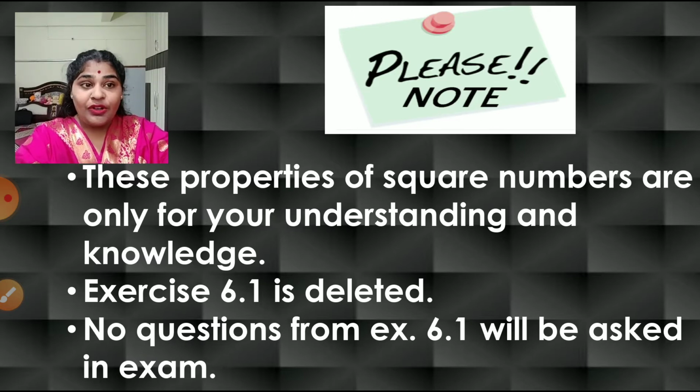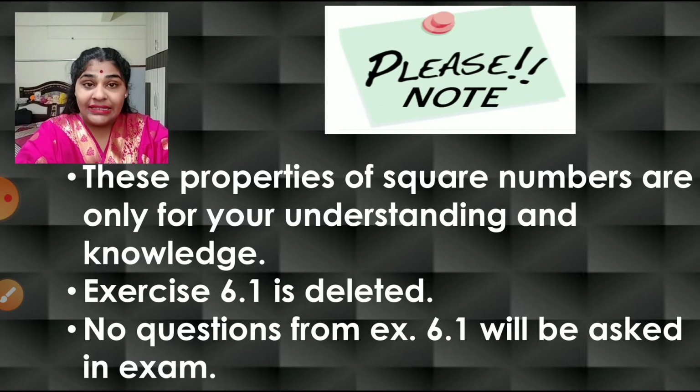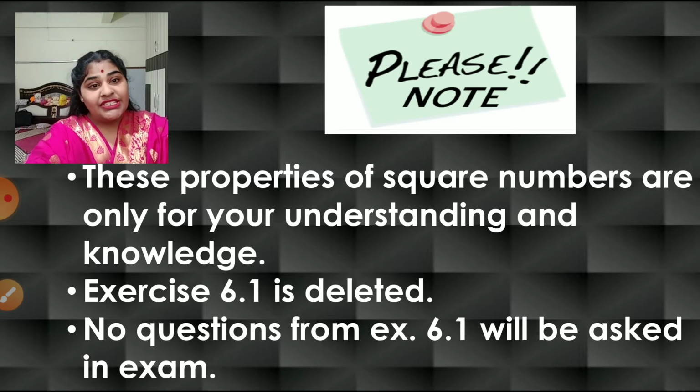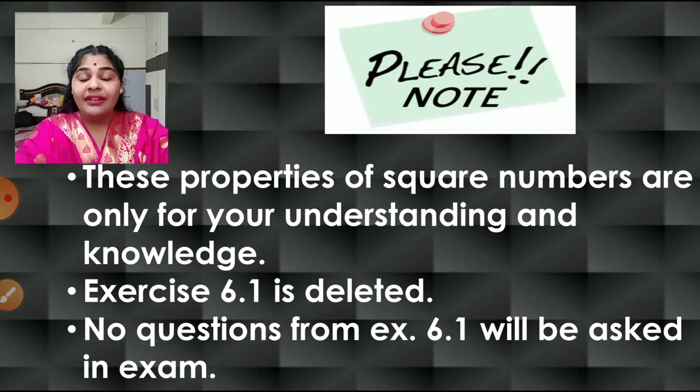These properties of square numbers are only for your understanding and knowledge. Based on these properties, exercise 6.1 is deleted, children. No questions from exercise 6.1 will be asked in the exam. So I hope you all understood what I want to say.